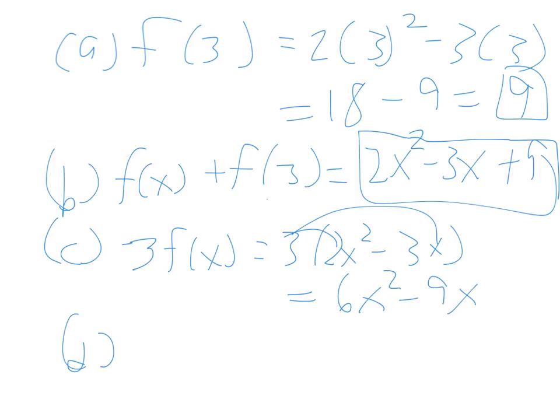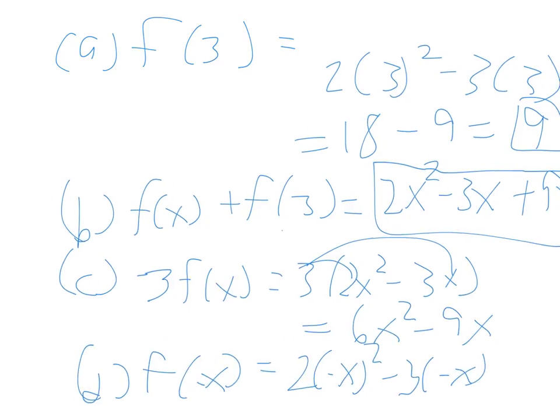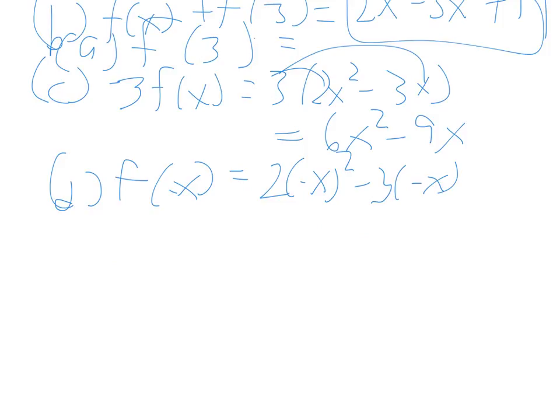And for part D, f of negative x, which would be 2 times negative x squared minus 3 times negative x. Now you have negative x being squared, so the negative would go away, so it would just be positive 2x squared.